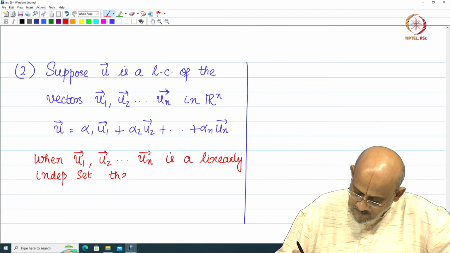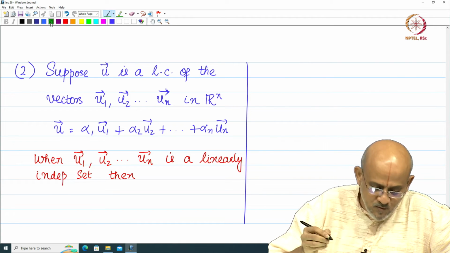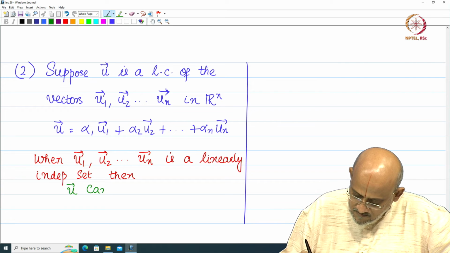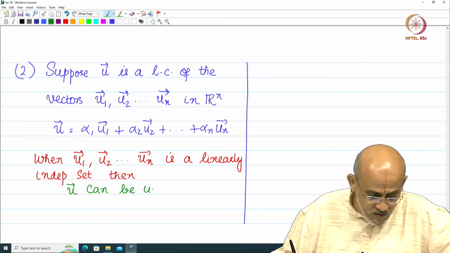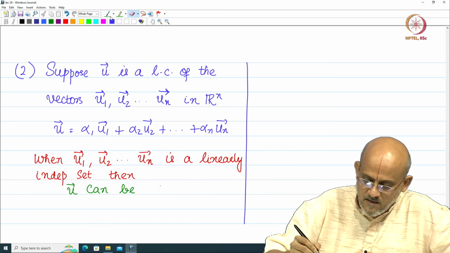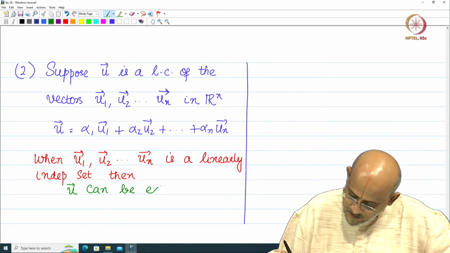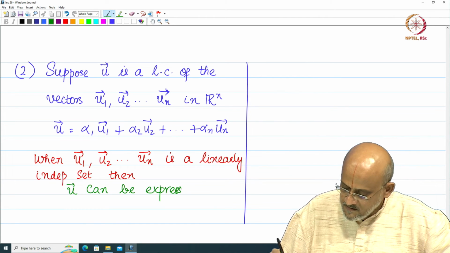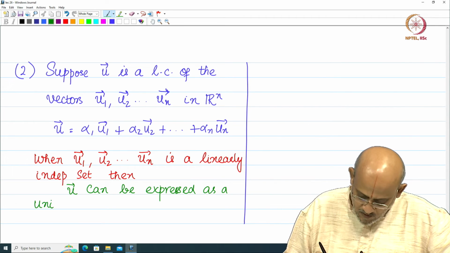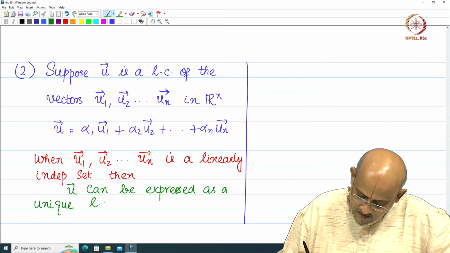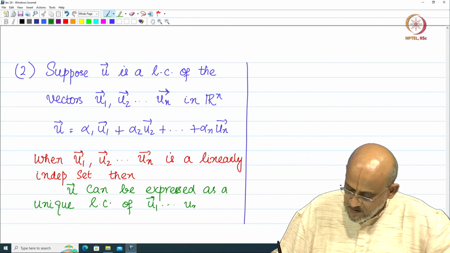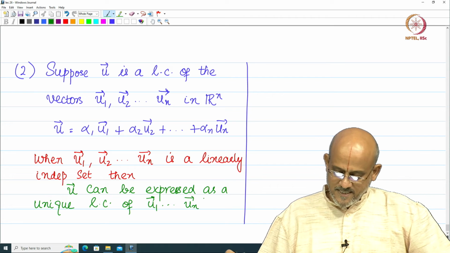Then we say that the vector u can be expressed uniquely as a linear combination of u1 etc. un. Now what does that mean?